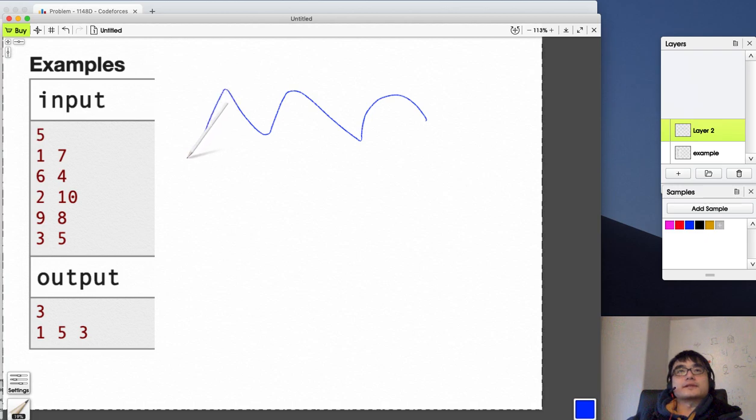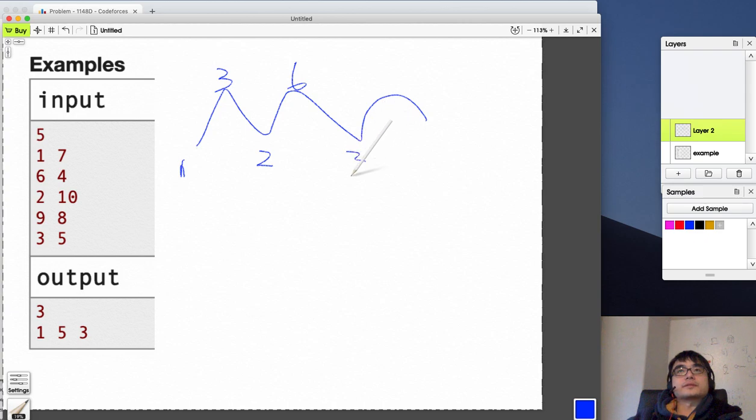For example, if the first number is 1, the second number is 3, 3 is bigger than 1, right? And the third number should be less than 3. We can choose 2. And the fourth number should be bigger than 2. So let's choose 6. And the next number should be less than 6.